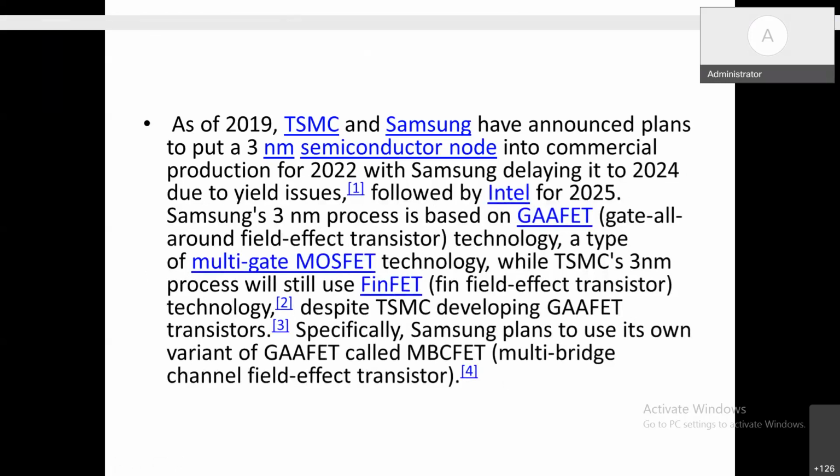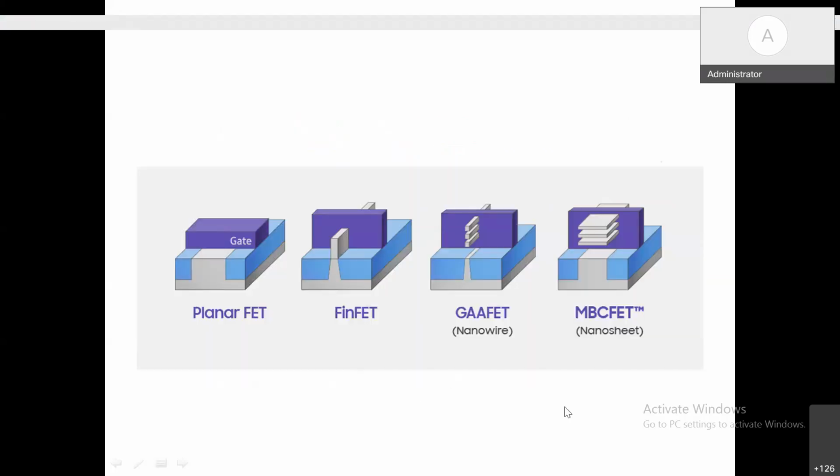I have already told you this: Samsung has multi-bridge channel field effect transistors. Now you can see the difference between planar FET, FinFET, and GAAFET. GAAFET is also called nanowire. In nanosheet, you can see that the width of this stacked layer is larger.